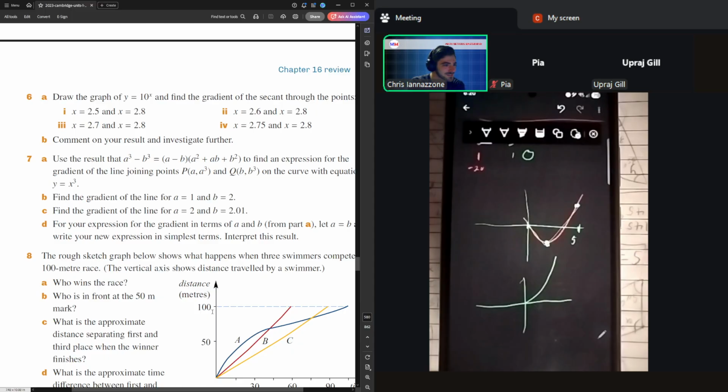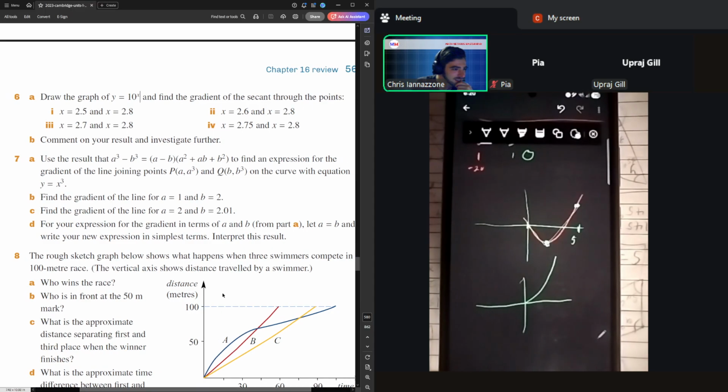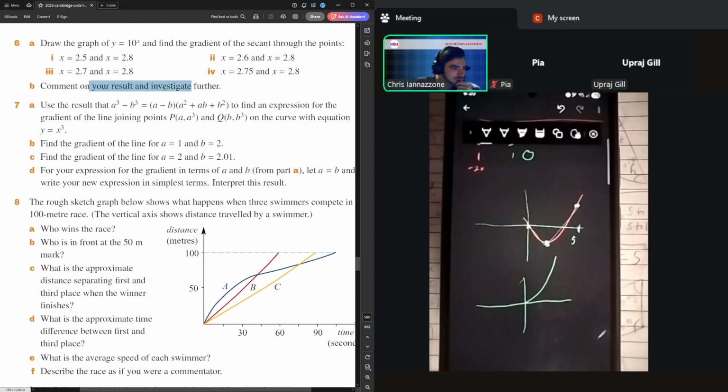Okay, draw the graph, gradient, secant. As long as you know how to draw exponentials, you should be fine with that, especially these kinds of exponentials. I've said this so many times, noticing the decrease in width between those values. That's this.